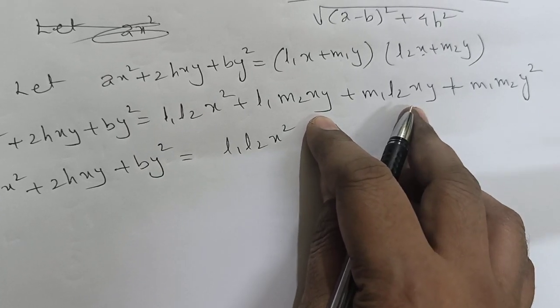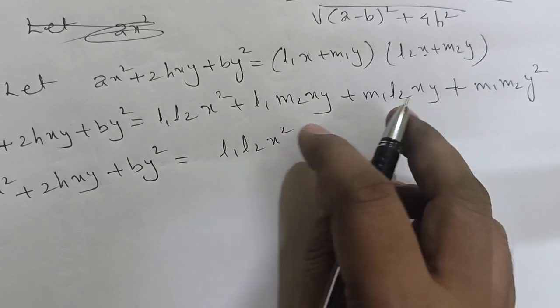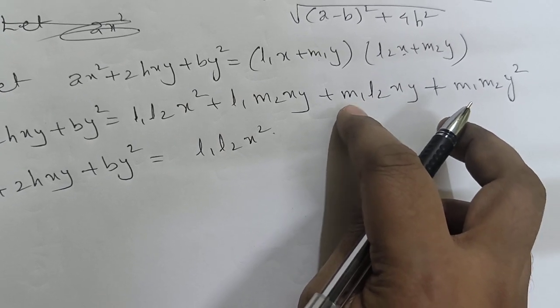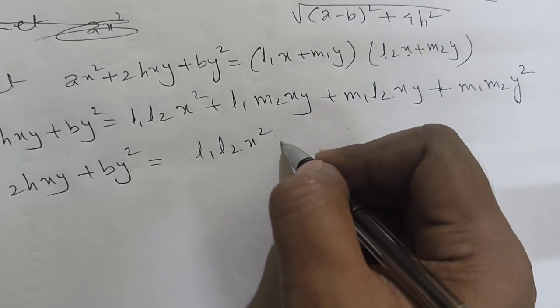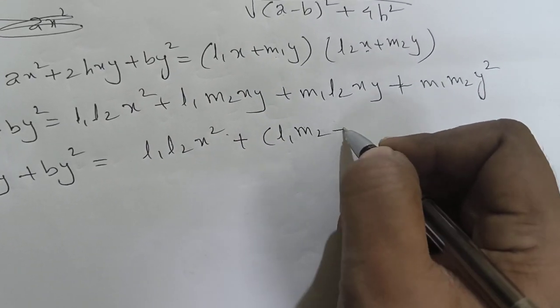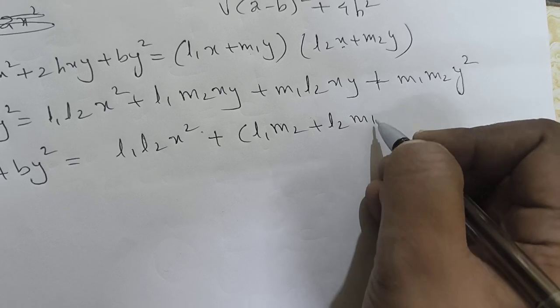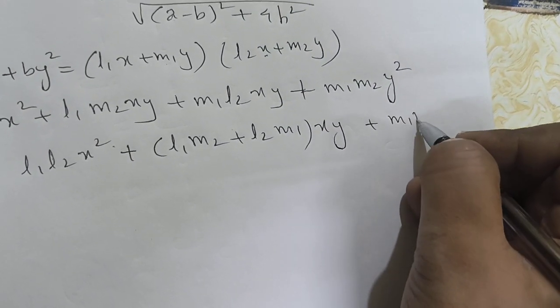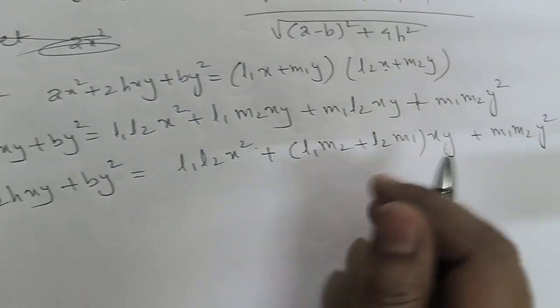Here we have two terms. The coefficient of xy is L1 M2 and L2 M1, or we can write M1 L2. So we will take xy common. It becomes L1 M2 plus L2 M1 into xy plus M1 M2 y square.